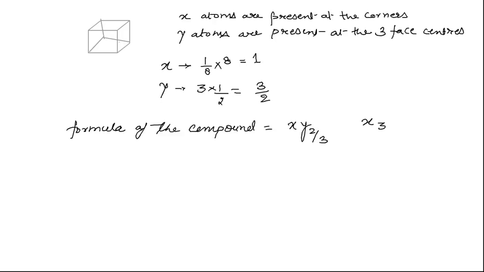It should be X2 Y3. Right? So your formula comes out to be X2 Y3. Okay, this is the way we can find out the formula of any compound by just knowing the particles present in the unit cell.